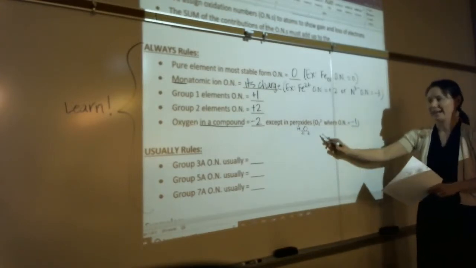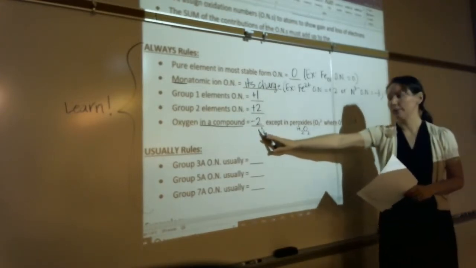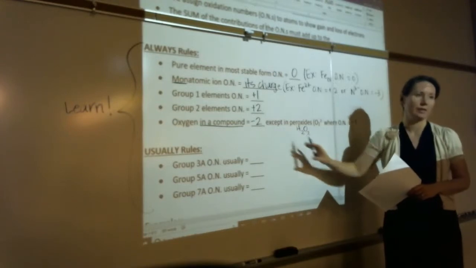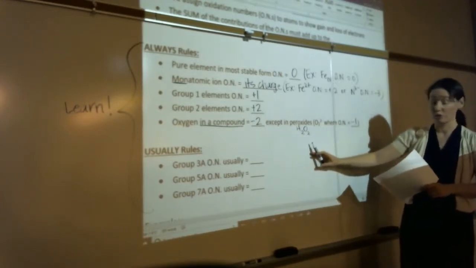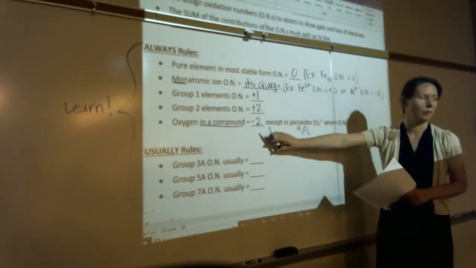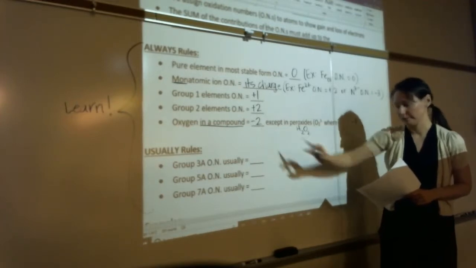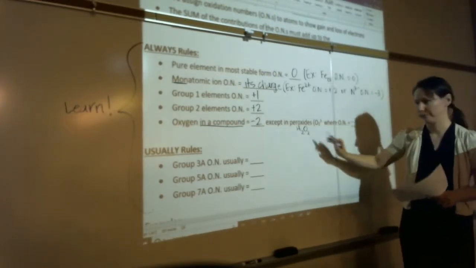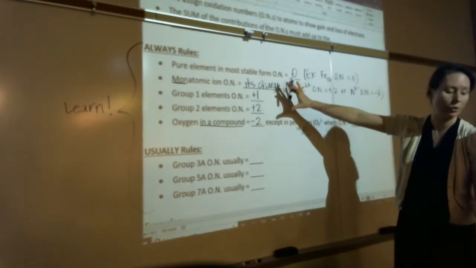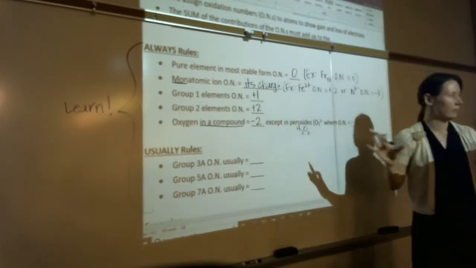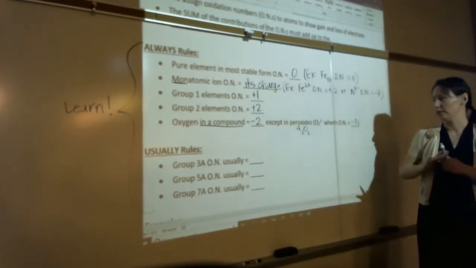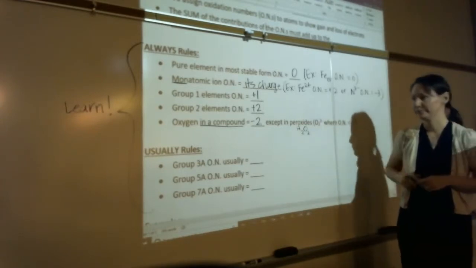So 99 times out of 100, it's going to be -2. Just ask yourself, is this a peroxide? If the answer is no, you can say, follow this always rule, it's -2. This is the rare exception. So these are our always rules, the rules that we can always follow, no exceptions other than this one tiny little one right here.